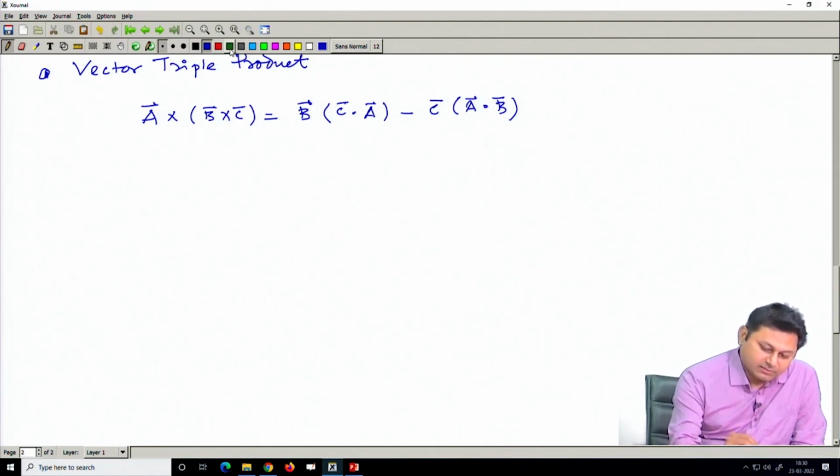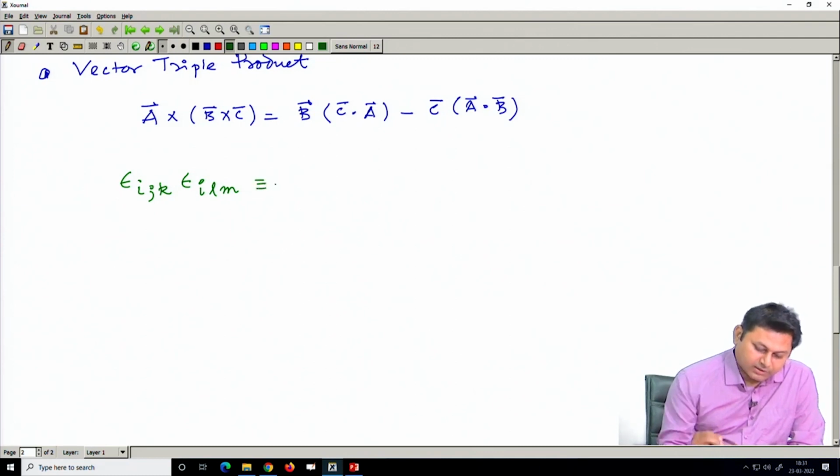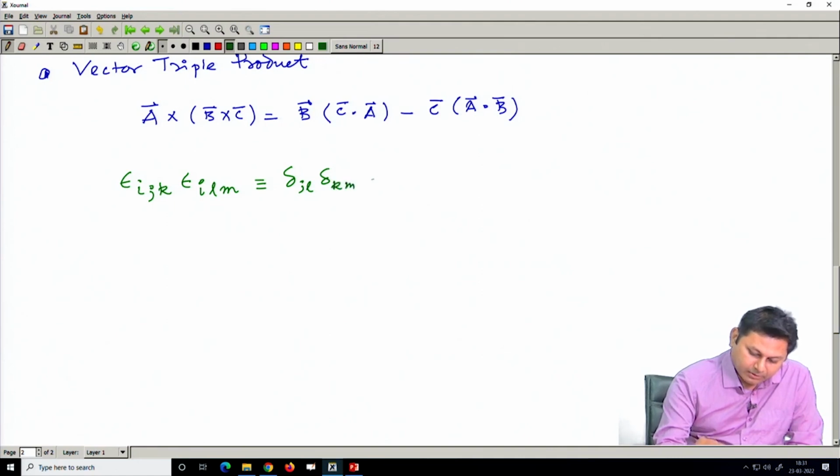You must remember this identity, a very useful identity: epsilon_ijk multiplied by epsilon_ilm is equivalent to delta_jl delta_km minus delta_jm delta_kl.